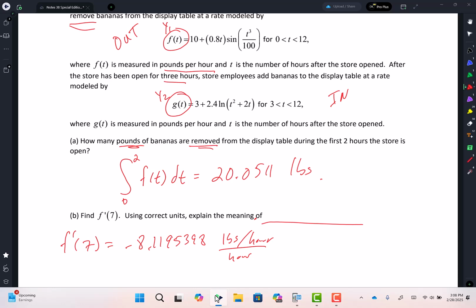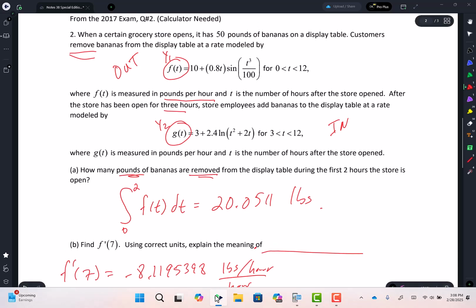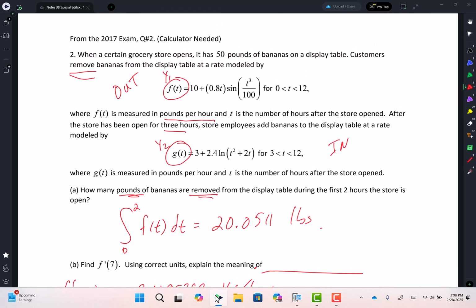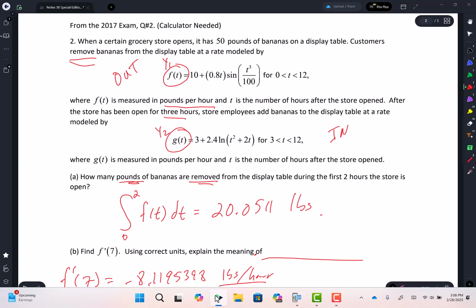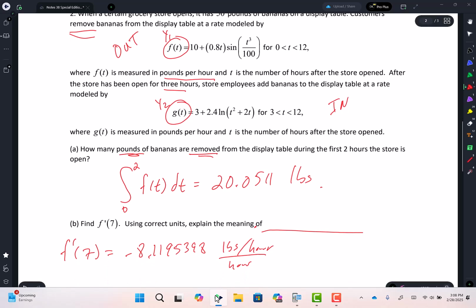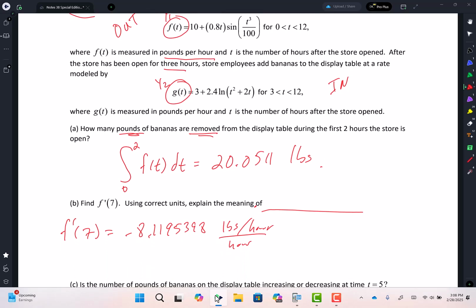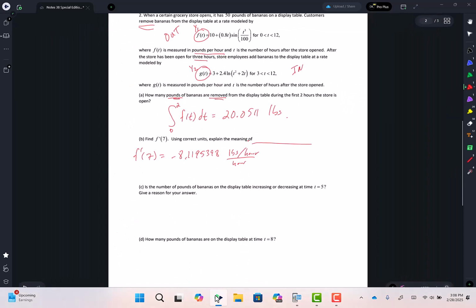So let's describe it in context, what it means. When a certain store opens and has 50 pounds of bananas displayed, customers remove bananas from the display table at a rate modeled by f. So the rate is decreasing by 8.1195 pounds per hour. Does that make sense?